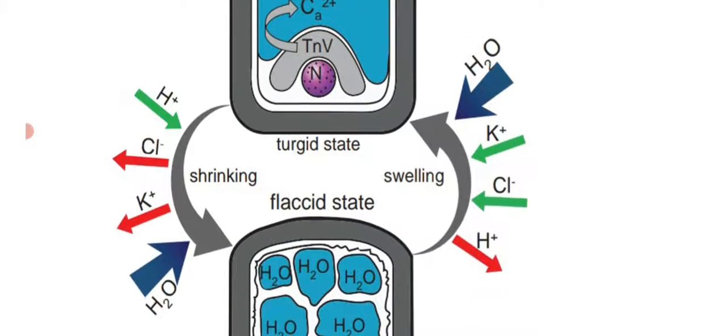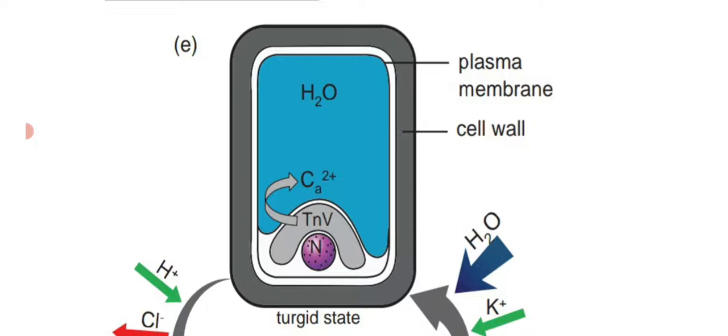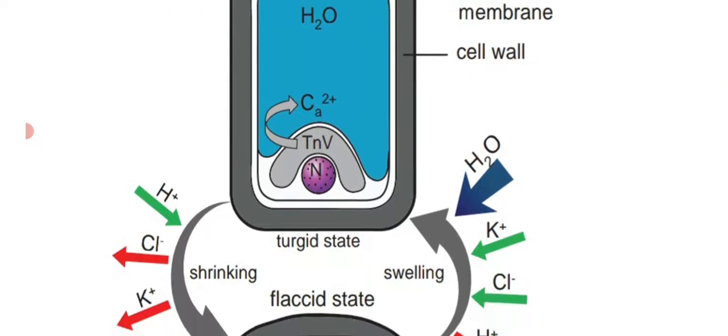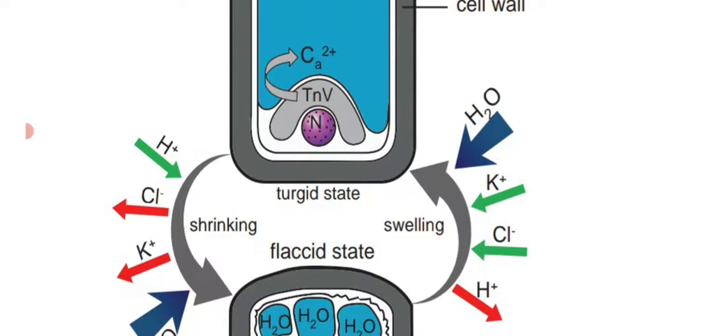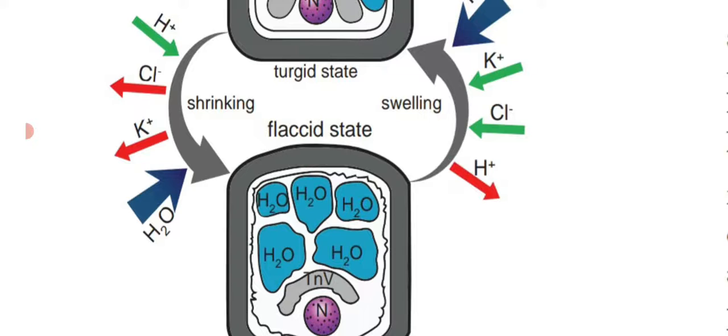See, the first one is the cell which contains the plasma membrane. The plasma membrane is surrounded by the cell wall. Inner side, they have water molecules. Then, these water molecules contain hydrogen, chloride and potassium ions.